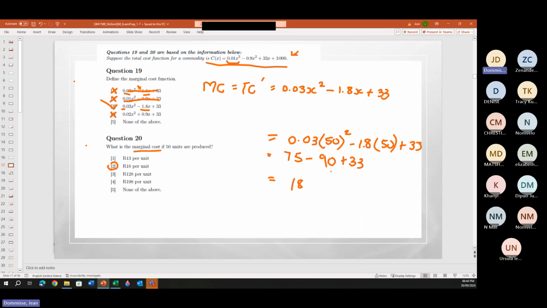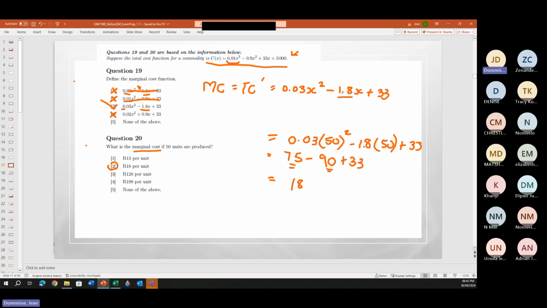Okay, so the 90, how I got that is the 1.8 times 50. If I first put in the 50 in this one, that would have been 50 times 50 is 2,500, and 2,500 times 0.03 will give me the 75.